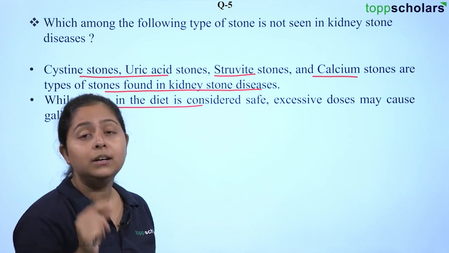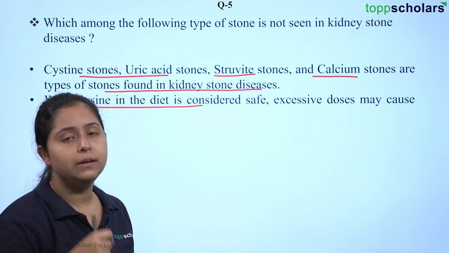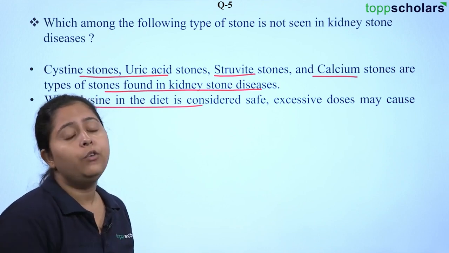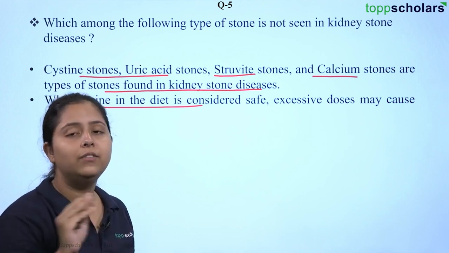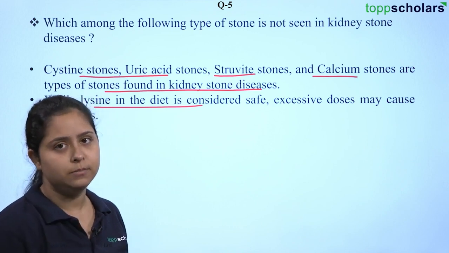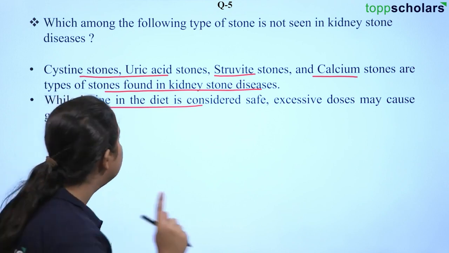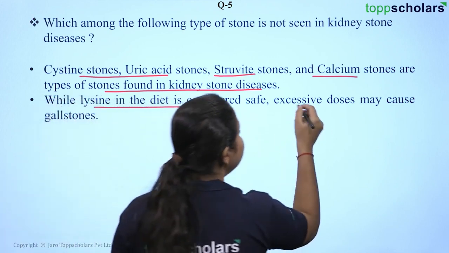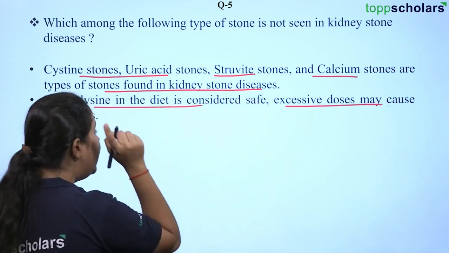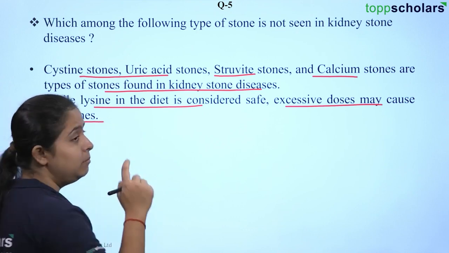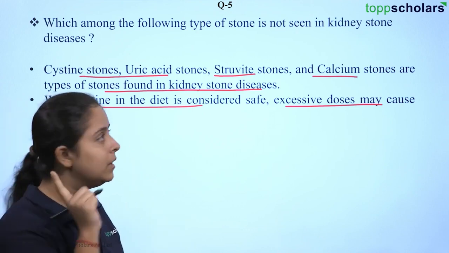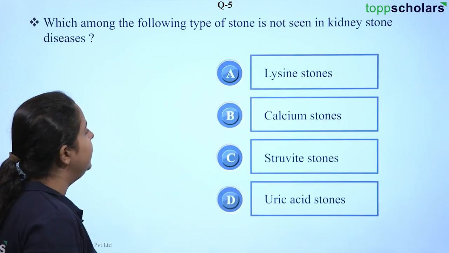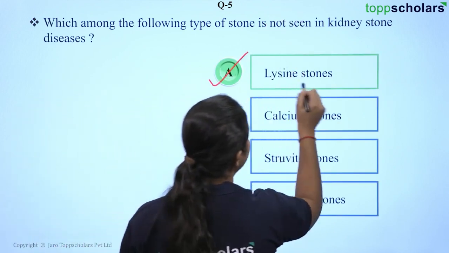If you remember, the excretory system is responsible for the excretion of metabolic waste, while whatever we are eating goes out of our body from the digestive system, that is through the anus. So lysine in the diet is considered safe, and if we take excessive doses, it may cause gallstones, but it will never cause kidney stones. And we were asked about not seen only. Therefore, the correct answer will be option A, that is lysine stones.